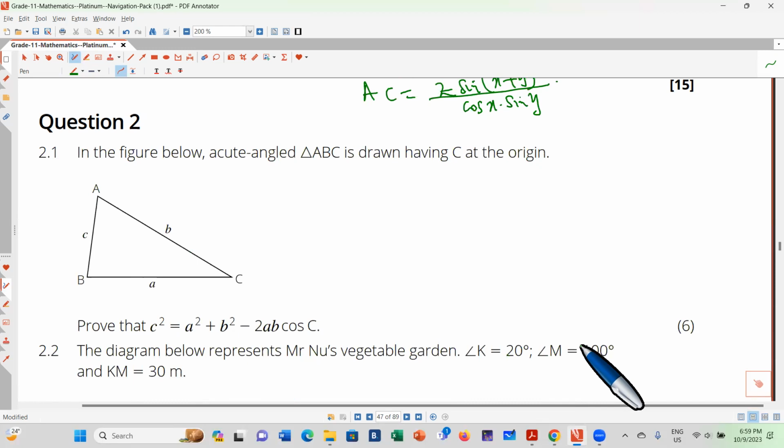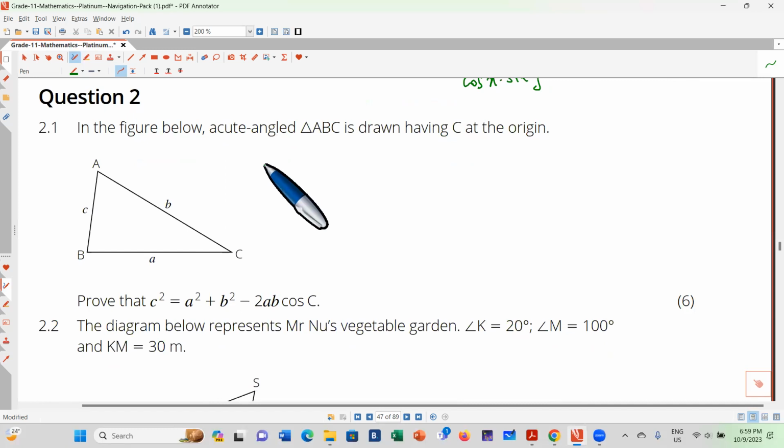So in 2.1, we have this one here. We need to prove this result. In the figure below, we have been given an acute angled triangle ABC. The fact that this triangle is acute angled means that each of these angles here is less than 90 degrees, is acute.